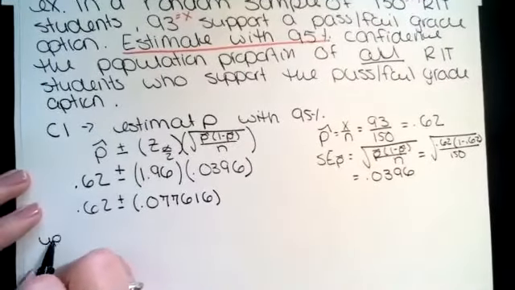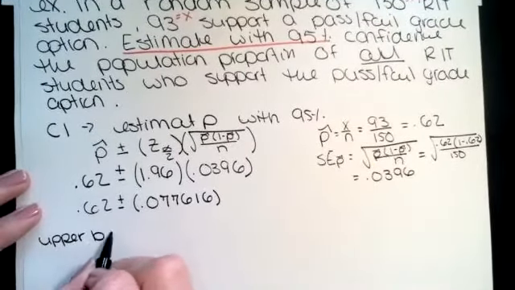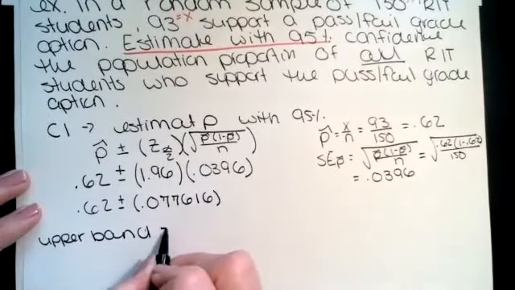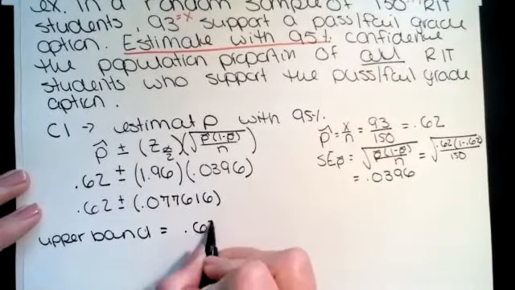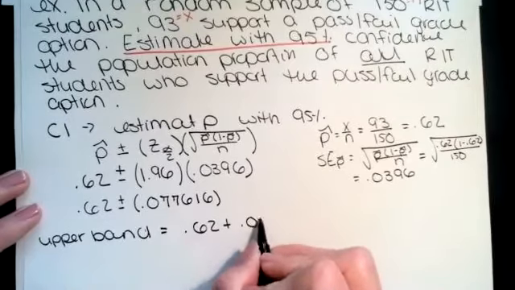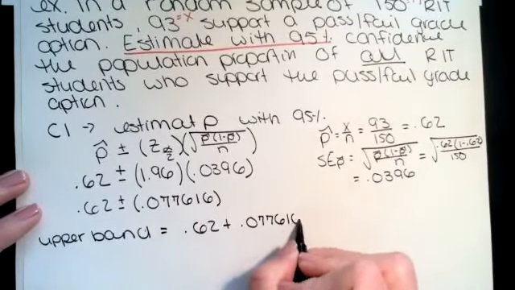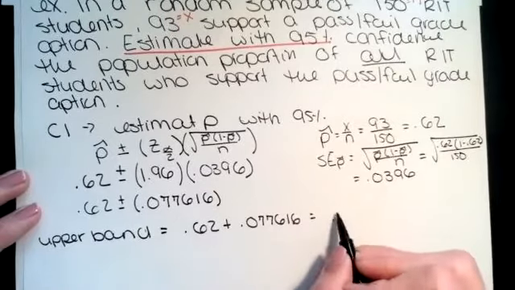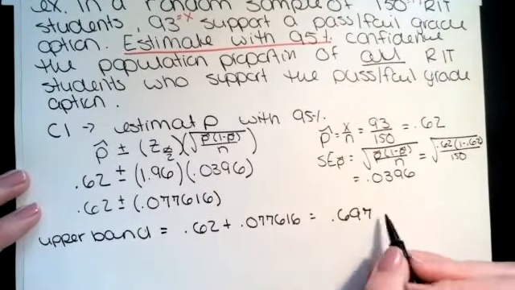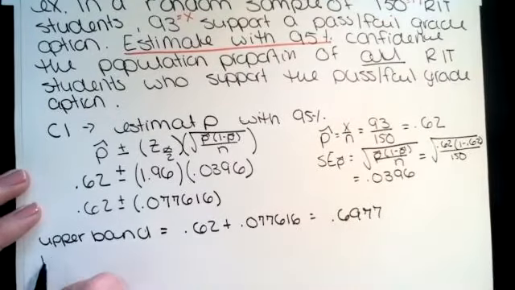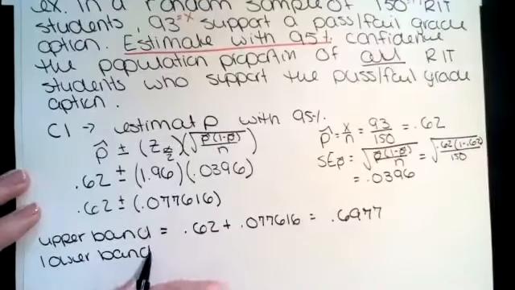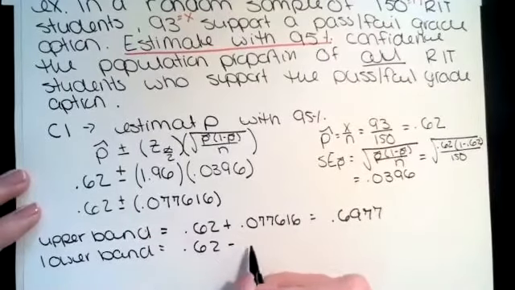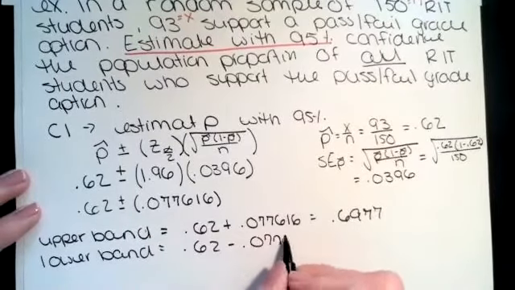So my upper bound is equal to 0.62 plus 0.077616. And that leaves me with 0.6977. And then my lower bound is equal to 0.62 minus 0.0776.